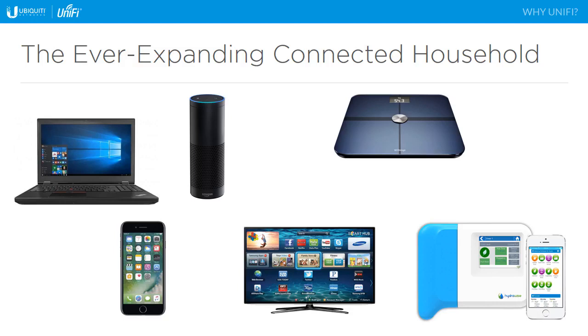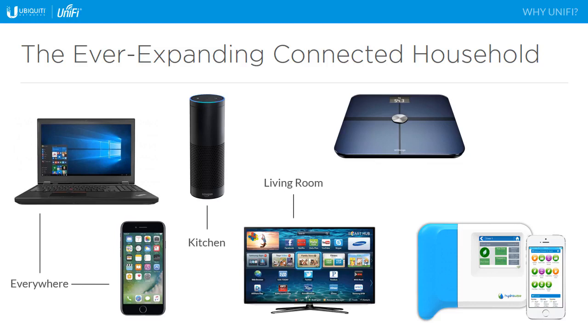When you look at devices such as the PC and the phone, we expect them to work everywhere. We want to be able to move around the house and still have connectivity. A device like the smart speaker you might place in the kitchen. So now you need a decent connection in a room of the house where you never really needed a connection before.